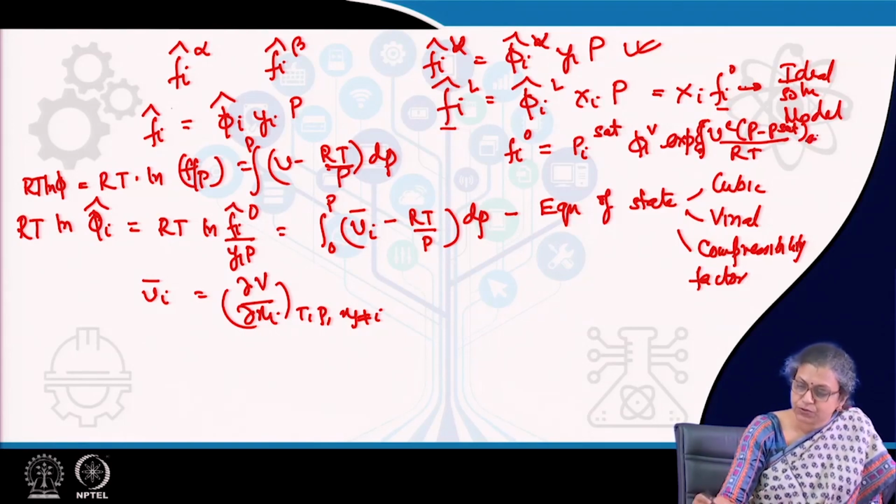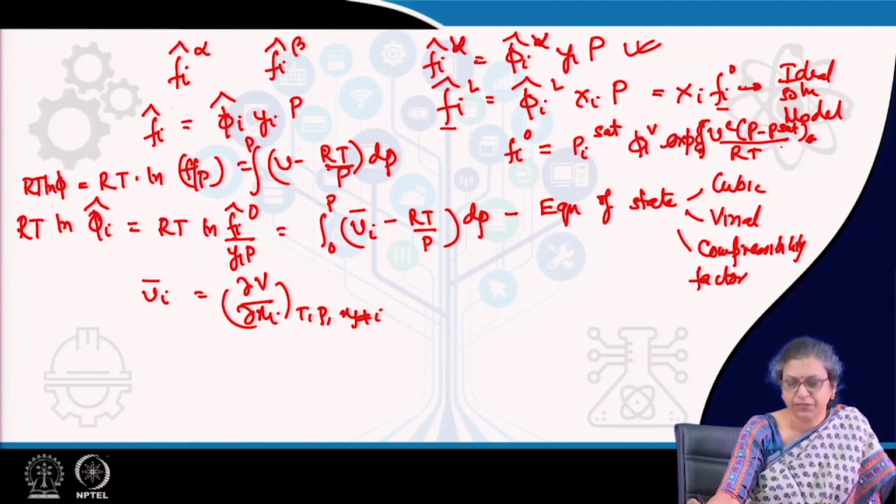So, therefore, f_i0 is a product of these three things, right.